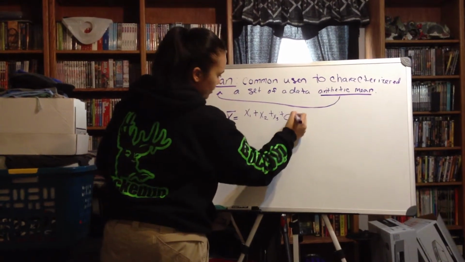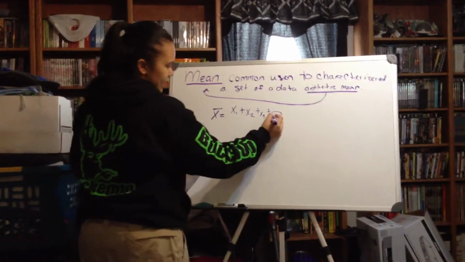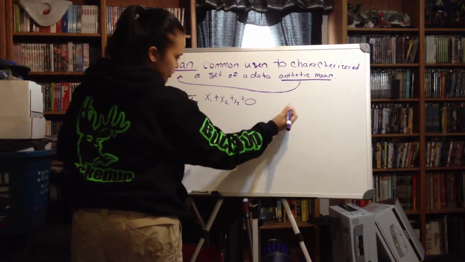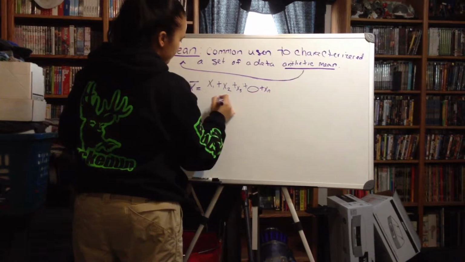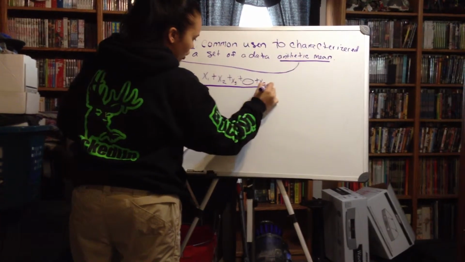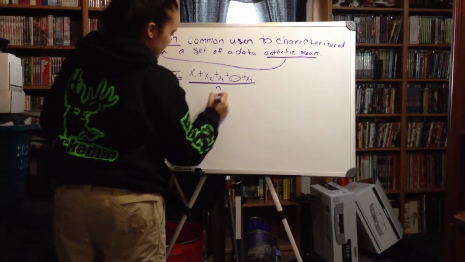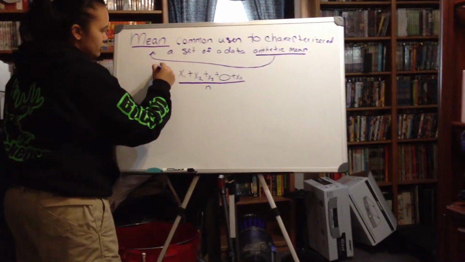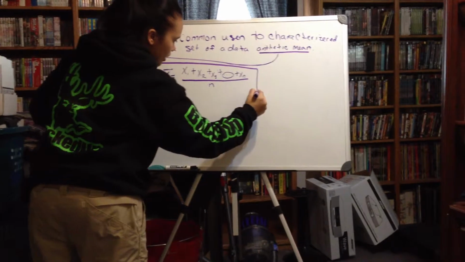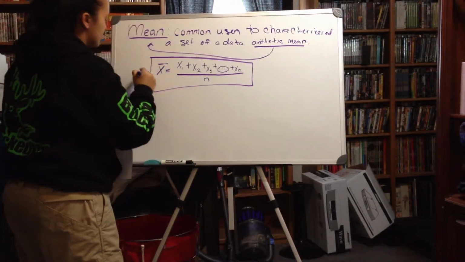And these right here are just x to however many numbers you're going to have, plus x of n, all over n.